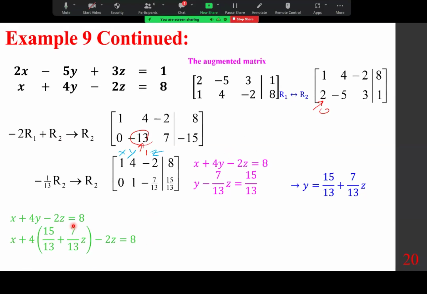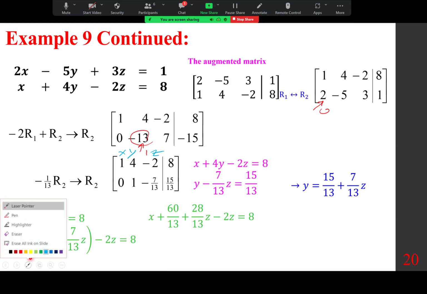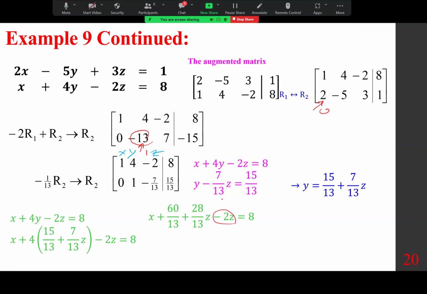So let's work on this. 4 times 15 is 60 over 13. 4 times 7, 28 over 13 z. So we're going to write it in this fashion. x doesn't change, minus 2z doesn't change, 8 doesn't change. First and foremost, this one is negative 26 over 13 z, which gives this one as 2 over 13 z.